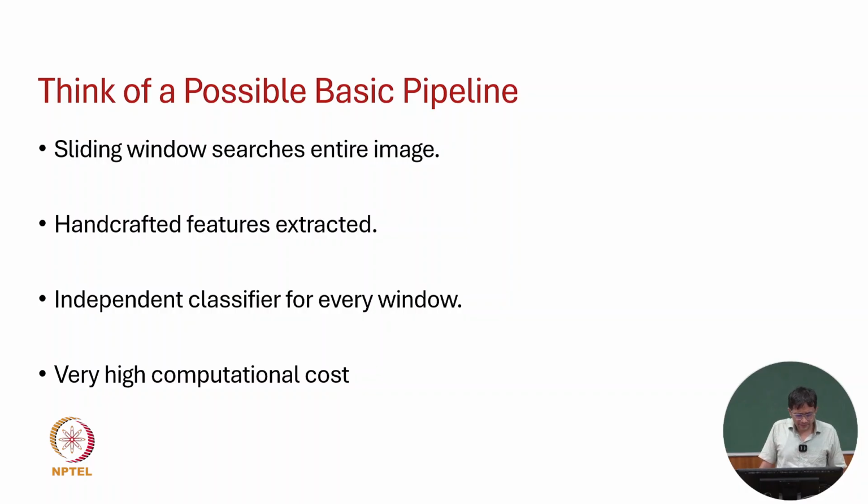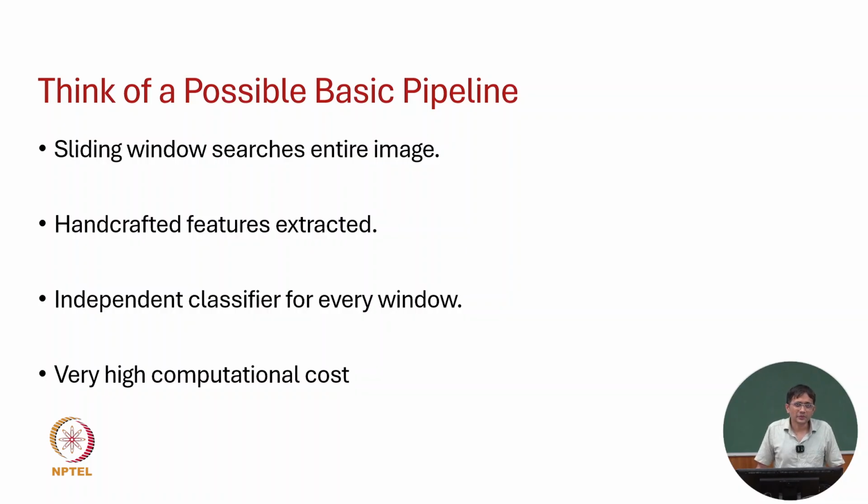So this vehicle classifier is now applied every time on this window, and whenever your classification output is positive, then you say that okay, this particular window has a target object. Such an approach, and here of course I kind of modified the object detection problem to a specific target detection problem.